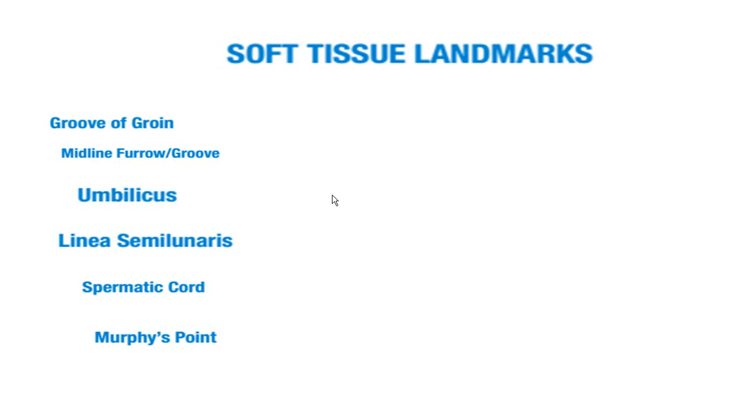Another point in the anterior abdominal wall is Morphy's point.